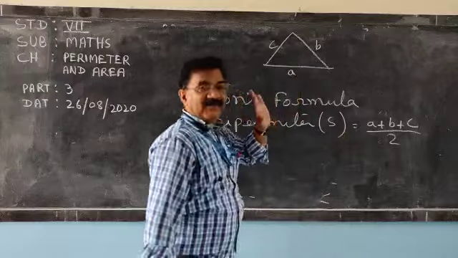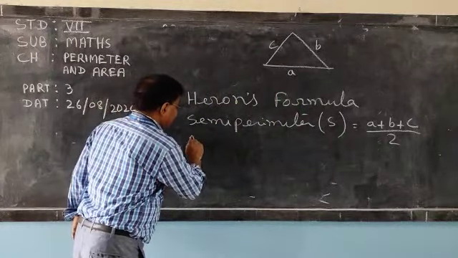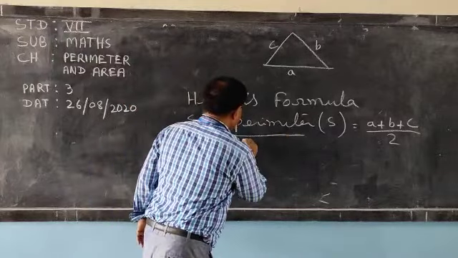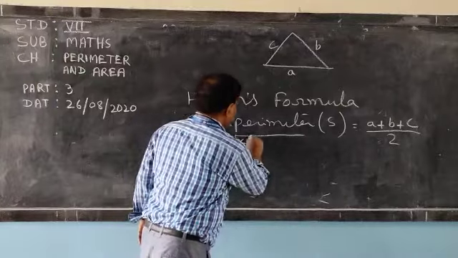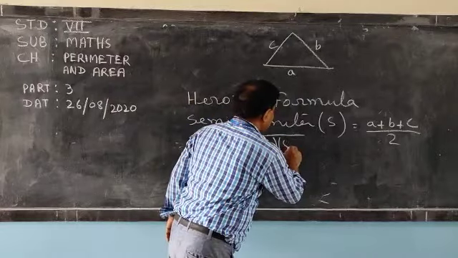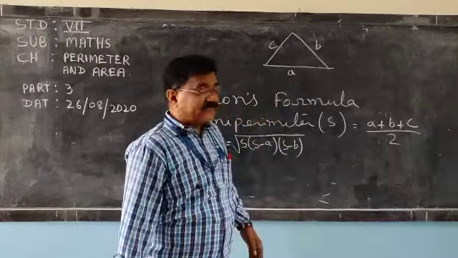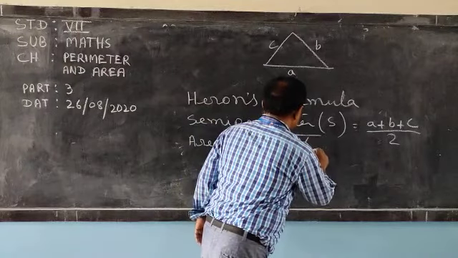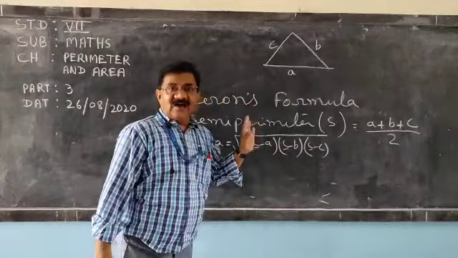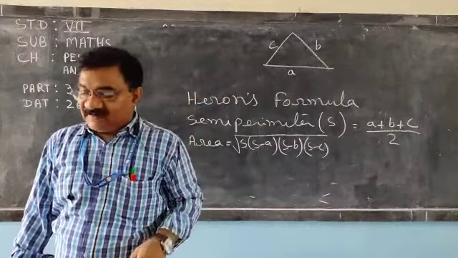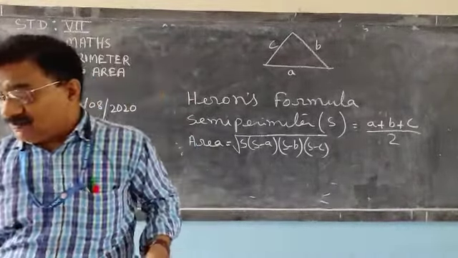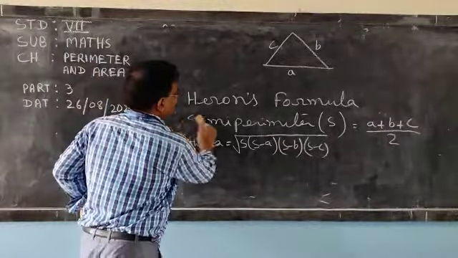This will come semi-perimeter and then you will find the area, and area will be equal to root over s, means semi-perimeter, into s minus a, one of the side, then multiply s minus b, second side, and then third side s minus c, and this will be the area of the triangle. Let us solve one such type of question, then we will be able to understand the Heron's formula.